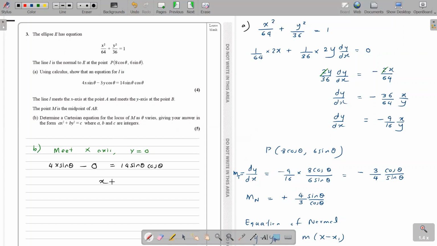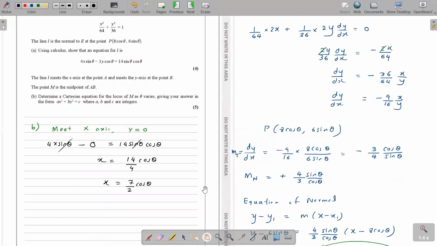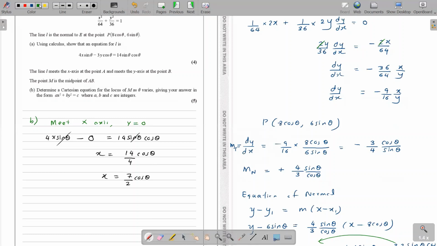So when you make x the subject, the sine theta will cancel out, right? 14 cos theta over 4, which is 7 over 2 cos theta. So the line L meets the x-axis at the point A, so point A coordinate is 7 over 2 cos theta, 0.